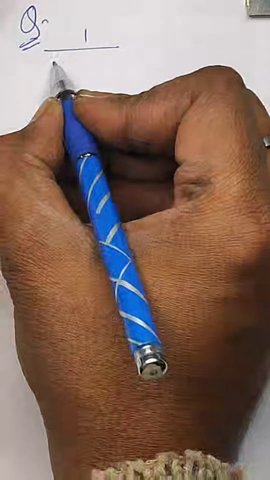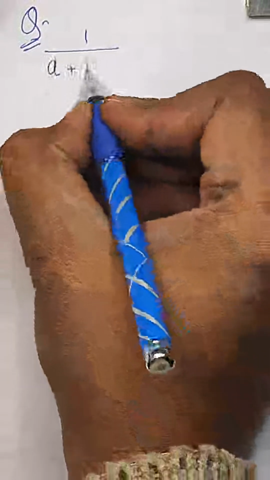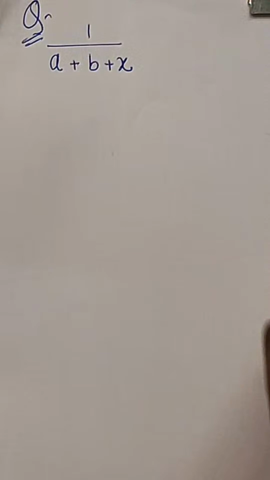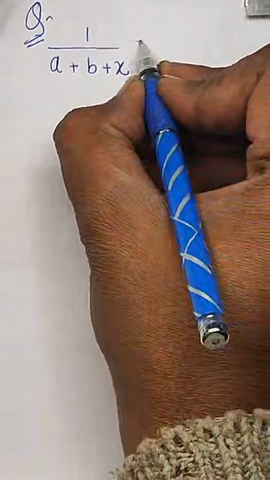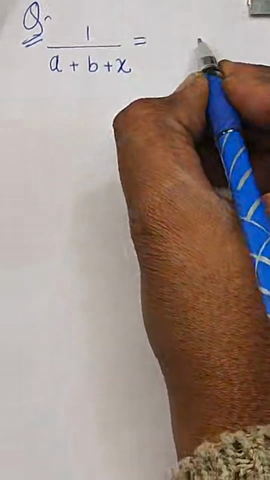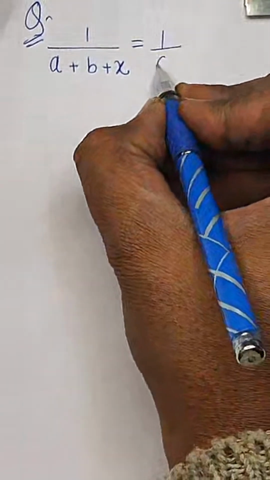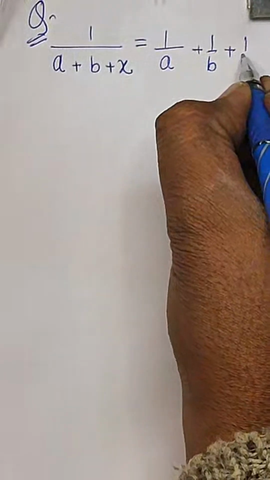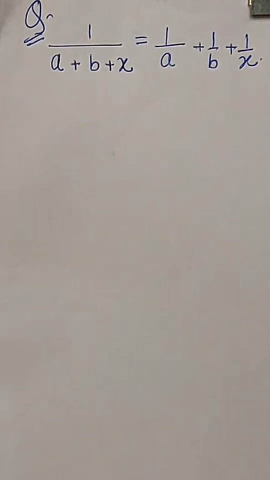I think so. Yes. The question is: 1 by a plus b plus x, we need to solve it, is equal to 1 by a plus 1 by b plus 1 by x.